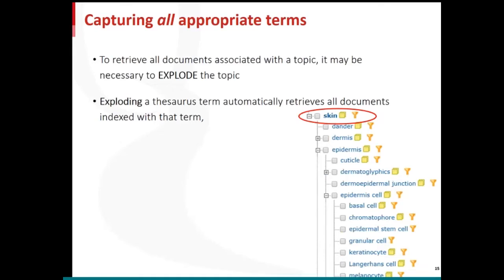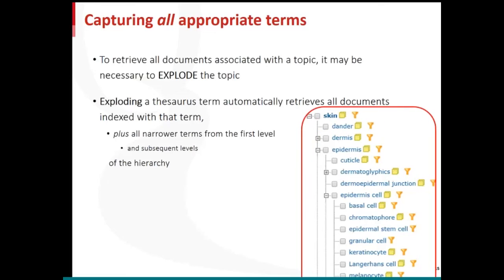So when I explode a term, I automatically retrieve documents that are indexed with that term, but then are also indexed with all the narrower terms and all the subsequent narrower terms, so that I get this entire inclusion of information about a particular topic.